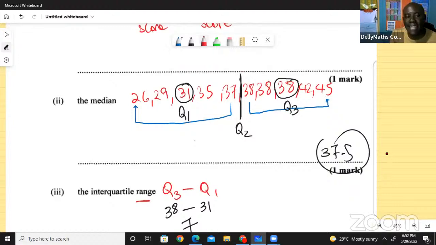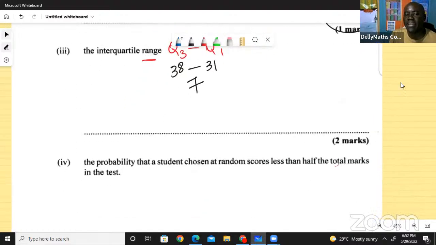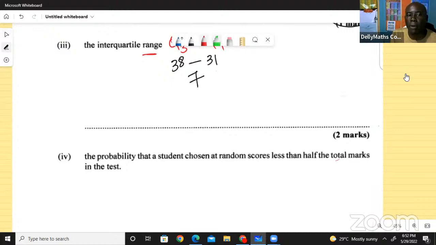So less than 30, we're looking at two persons. One got 26 and the other one got 27. So 2 out of what? 2 out of 10 persons. When we talk about probability, it's the desired outcome, which is 2, out of the total possibilities, which would have been 10.